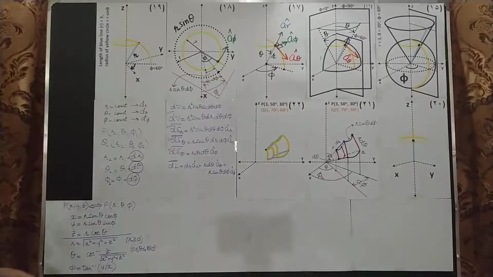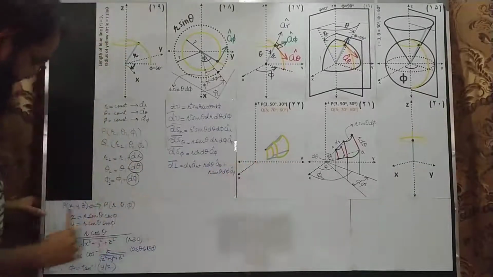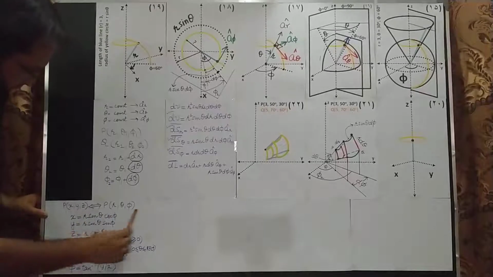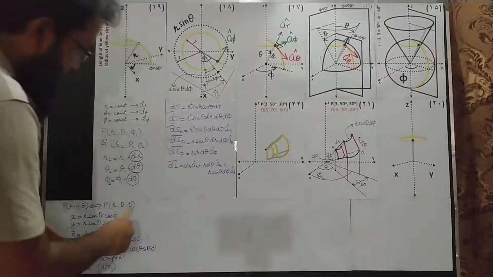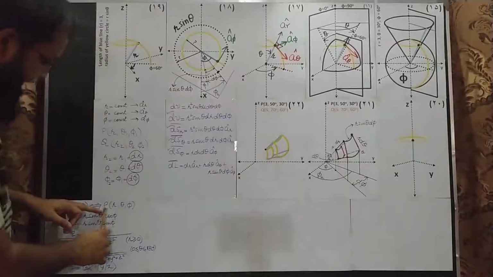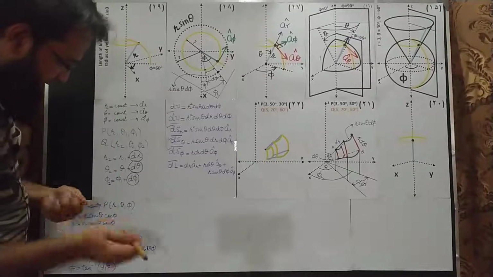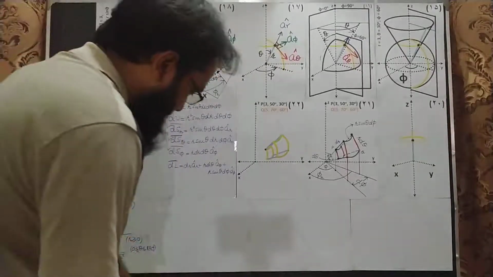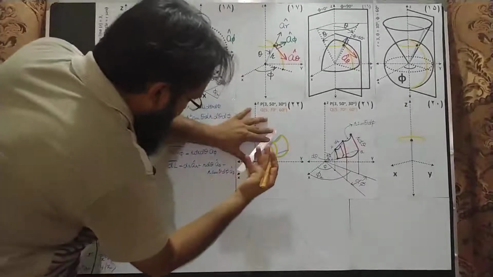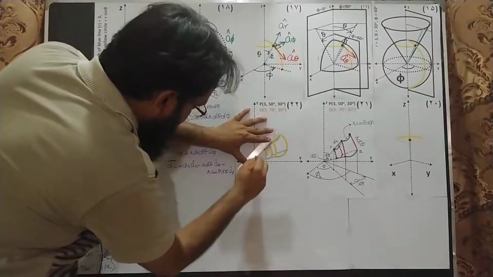If I'm at this point, I can give the coordinates of this point in terms of the Cartesian coordinate system or in terms of the spherical coordinate system. If the coordinates are already given in the spherical coordinate system, it means that r, theta and phi are already known, meaning that the distance of this point from the origin is known, which is r.